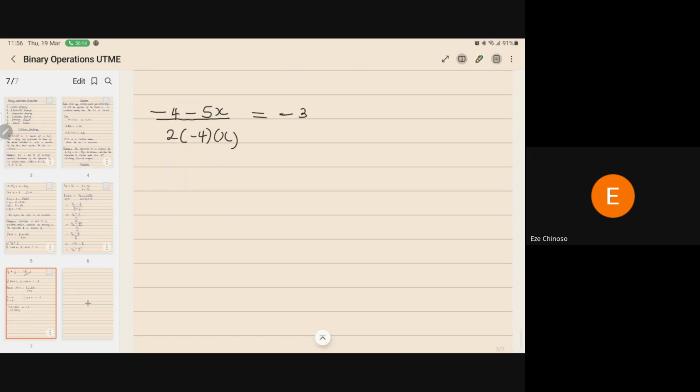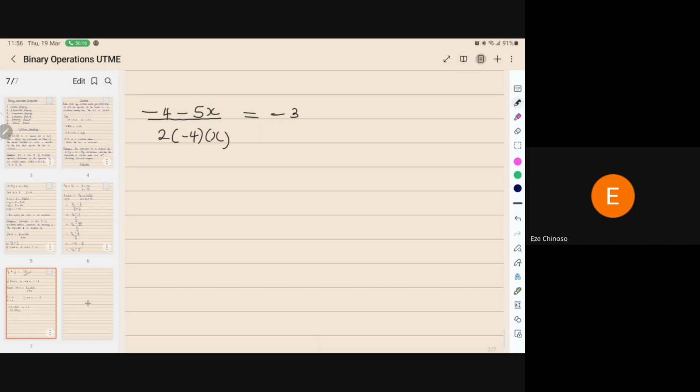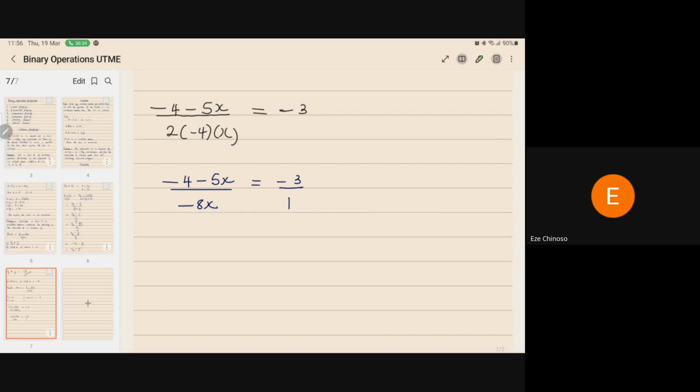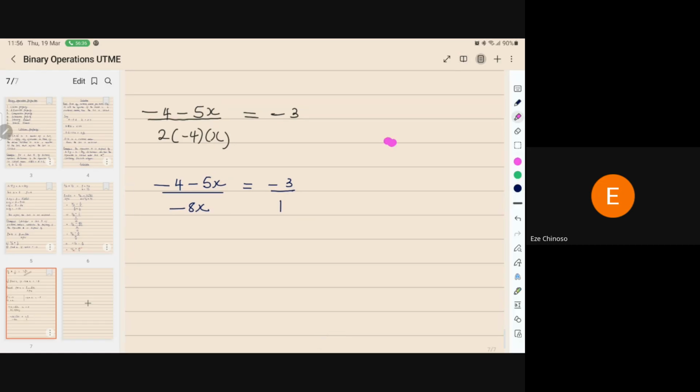So we can now go ahead and simplify. We'll have -4 minus 5X all over -8X is equal to -3 all over 1. So let's cross multiply. -8X times -3 will give us 24X.